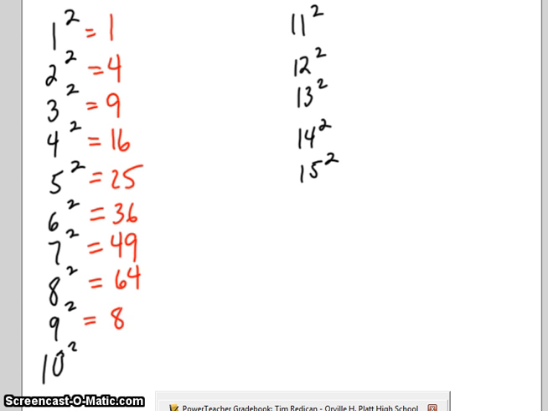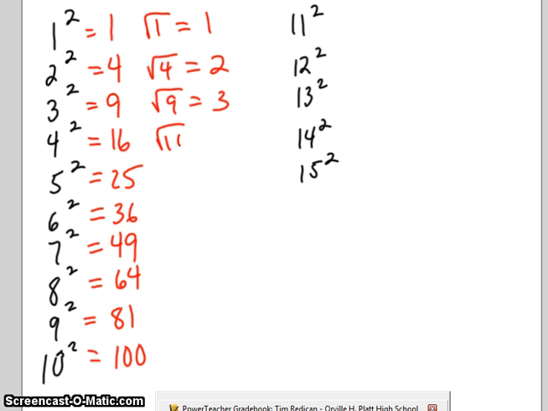This is important for dealing with simplifying these, because we know that the square root of 1 equals 1. The square root of 4 equals 2. The square root of 9 equals 3. The square root of 16 equals 4. Square root of 25 equals 5.